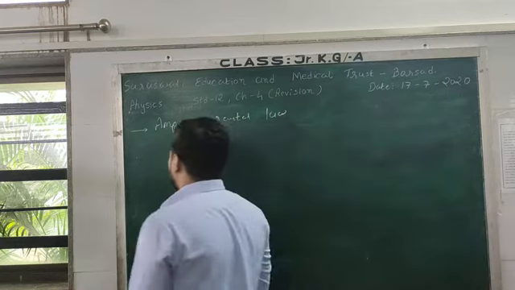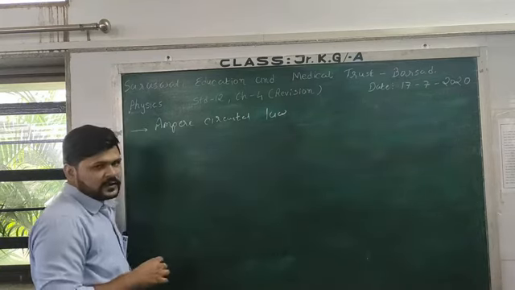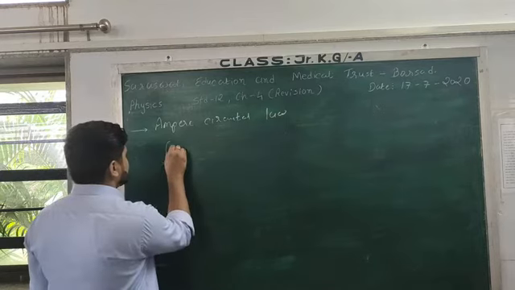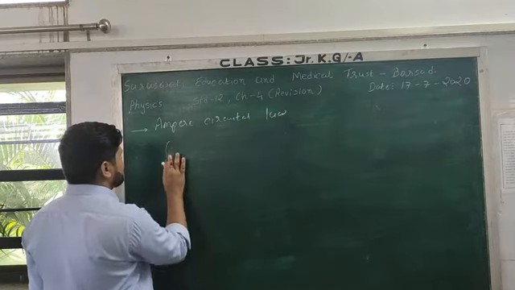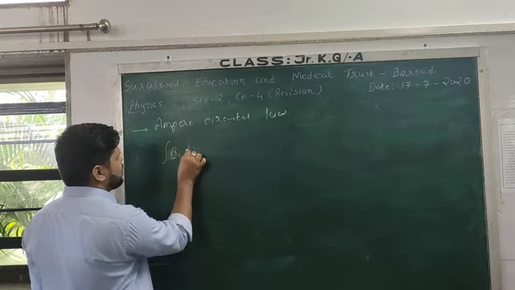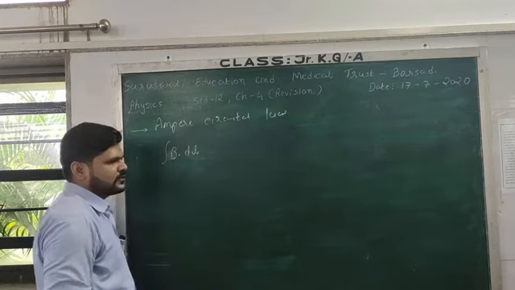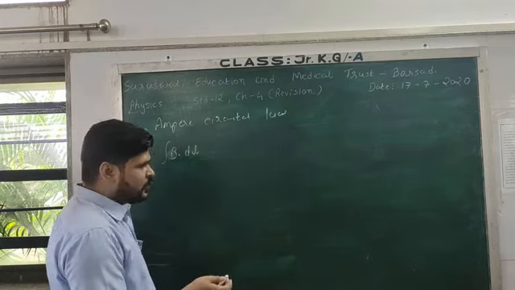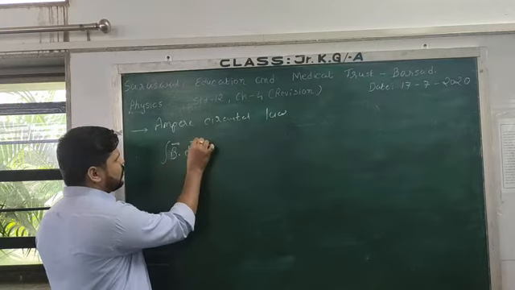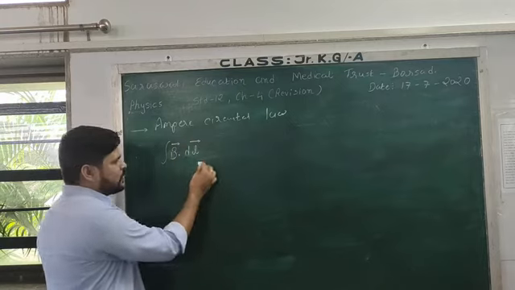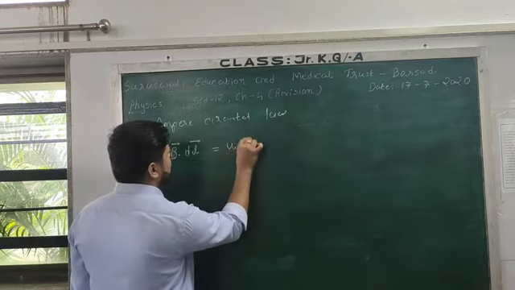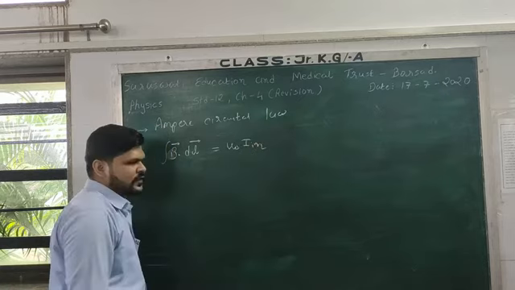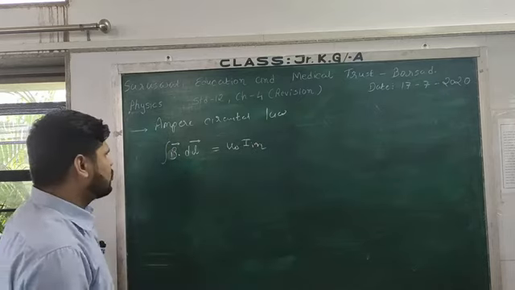Ampere's circuital law says that the cyclic integration of magnetic field over a loop is equal to mu 0 I in, where I in is the current enclosed by the loop.